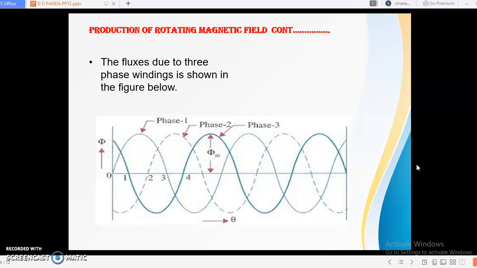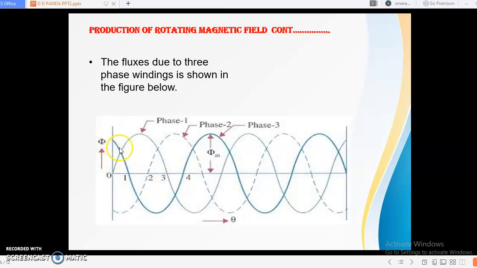Now we will see the waveform representation. The fluxes due to three-phase winding is shown in the figure below. See, this is the x-axis, here is the y-axis. In the x-axis, we have taken theta which equals omega t. In the y-axis we have taken phi or flux.